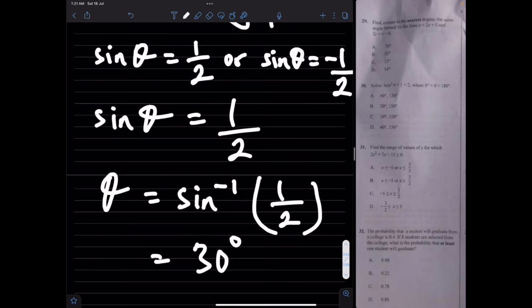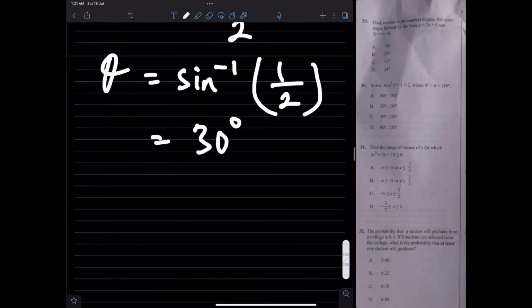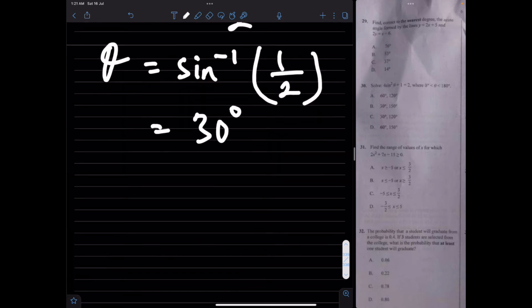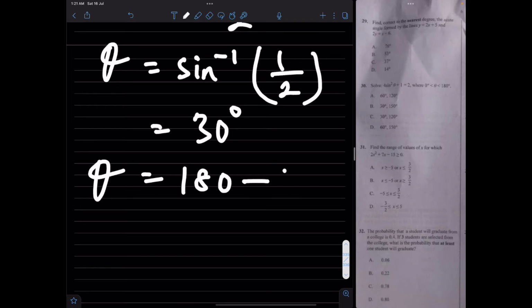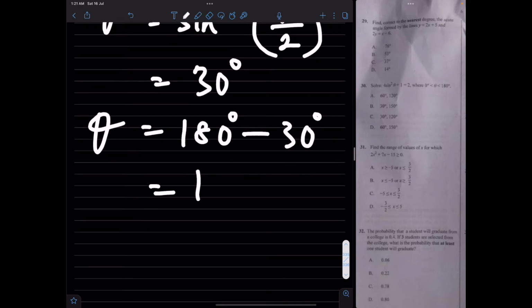That's the value of theta in the first quadrant, which satisfies the equation. Now, in the second quadrant, theta is going to be 180 degrees minus 30 degrees, which simply means 150 degrees.